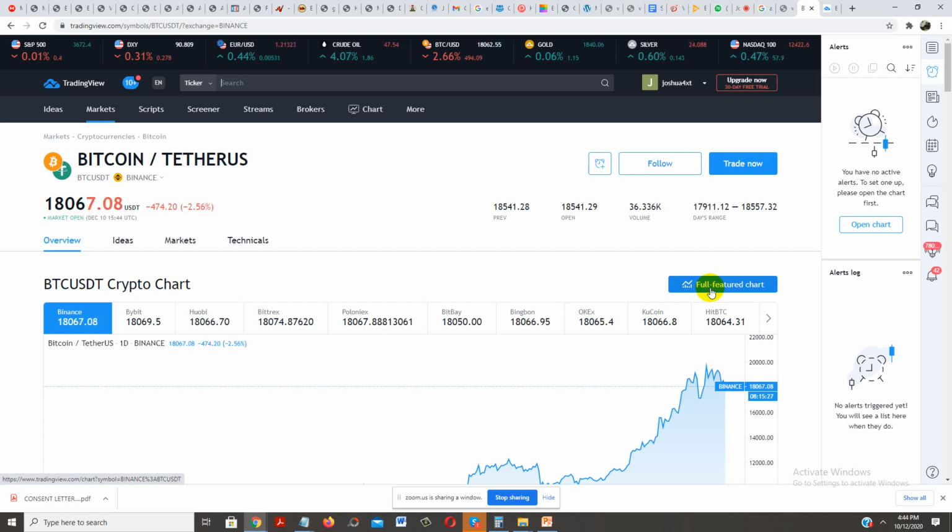You've not seen it. Maybe you will screenshot and send it to me. It's giving me full featured chart. Account verification.